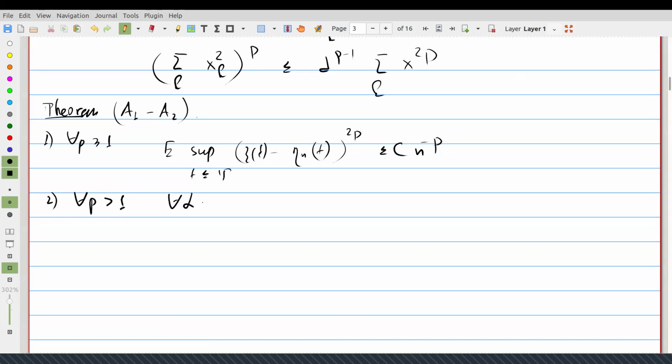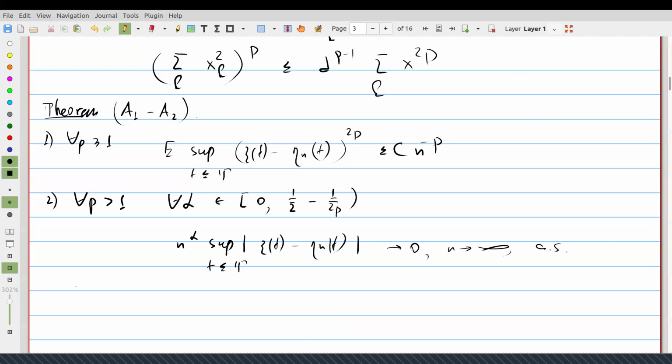So for any p greater than 1 and for any alpha from 0 to 1 half minus 1 over 2p, n to the power alpha supremum of this difference, just the modulus of the difference supremum, goes to 0 when n goes to infinity almost surely. Thus, in particular, for any alpha less than 1/2, n to the alpha supremum t less than T, capital psi of t minus eta n of t goes to 0 almost surely.